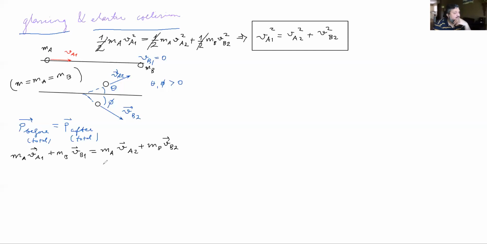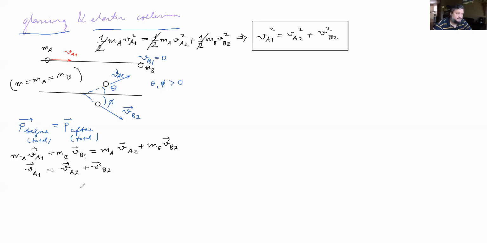Okay, we can get rid of the masses. And also VB1 is 0, remember? So this will simplify to VA1 equal to VA2 plus VB2.